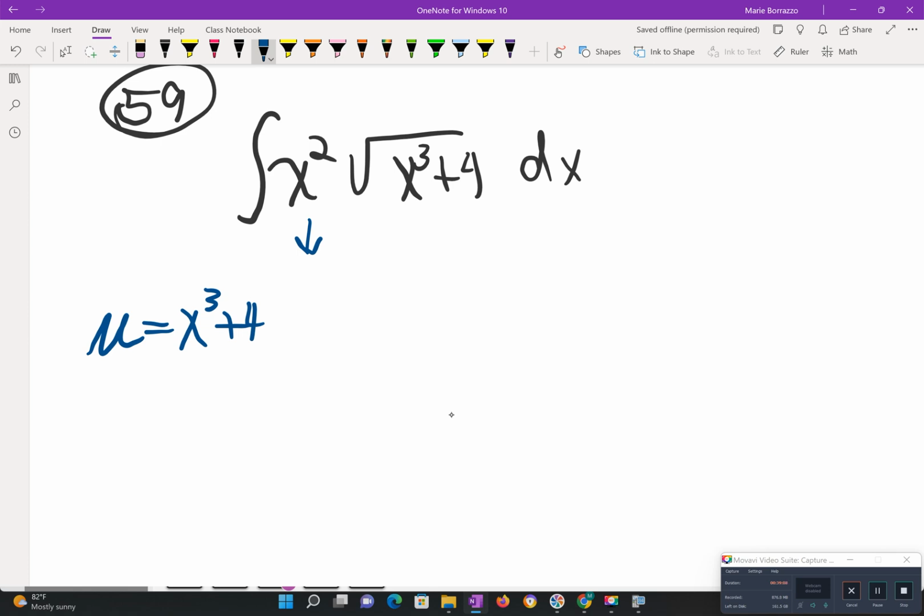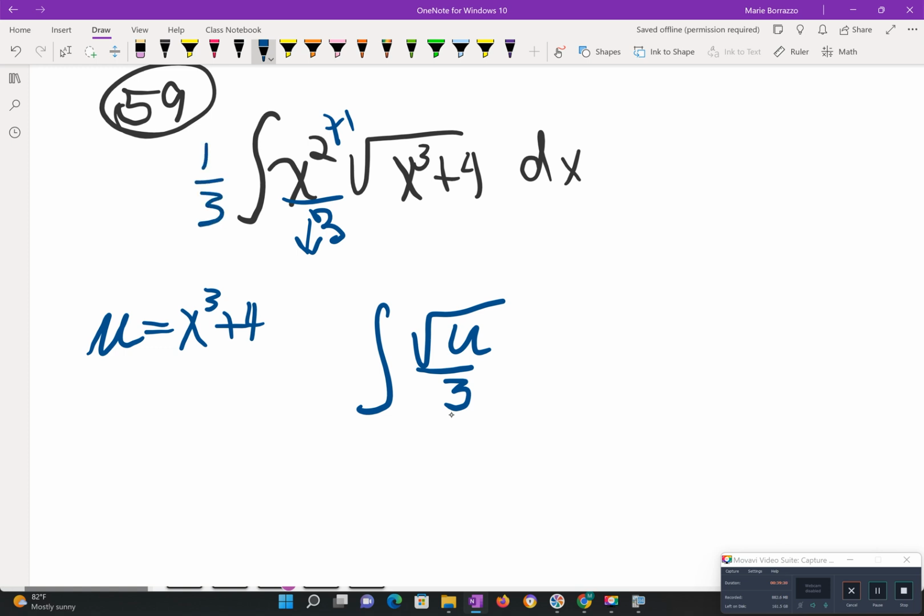And if we integrate the value, this will become the square root of u over 3. And we obtained a 3 because plus 1 divided by 2 plus 1, hence 3. So we have a 1/3 constant out here. Okay, so I have 1/3 if I take this out.